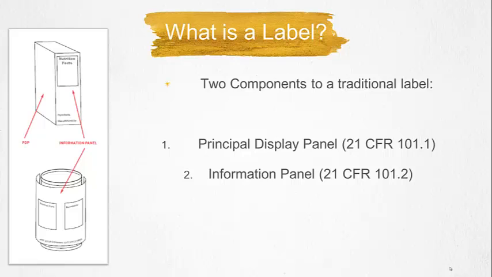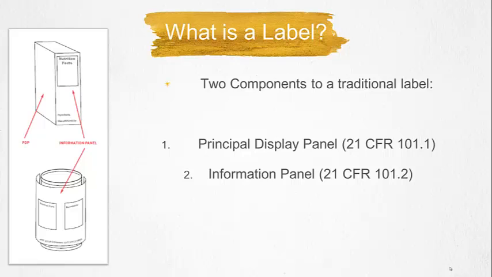The principal display panel, to think of in a non-regulatory way, is that thing that you're going to see when you're on the grocery store shelf, and the first thing you see. It typically has the name of the product, a marketing image, and some information about the net weight of the contents. You'll see that at the bottom. And then you'll see some claims about what the product does.